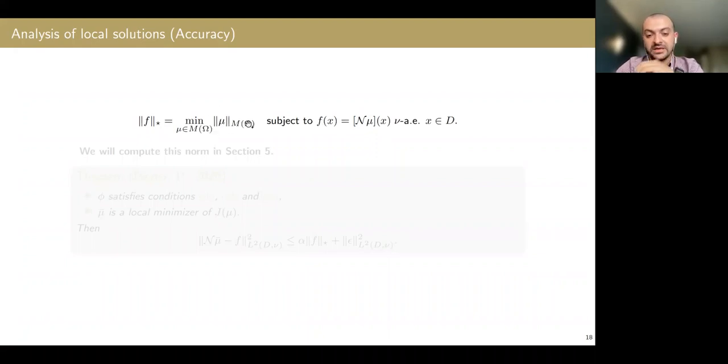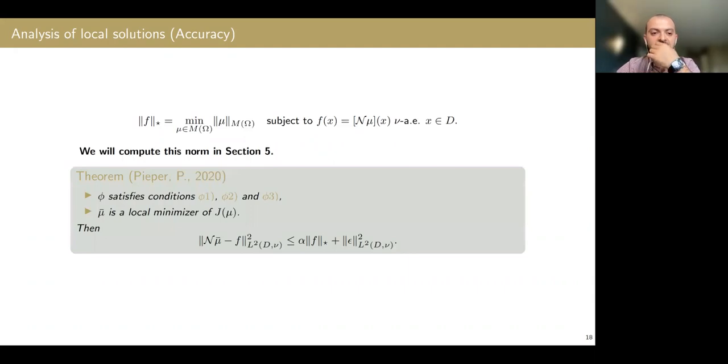In the next slides, I'm going to compute this f star explicitly, and you will see what it is equal to for a function. But for now, just take it as some quantity associated with f. The next theorem says that if phi satisfies conditions 1, 2, and 3, and nu bar is a local minimizer of the functional, then the fidelity term from the local solution to the true function is bounded by alpha times the f star norm plus the L2 norm of epsilon.